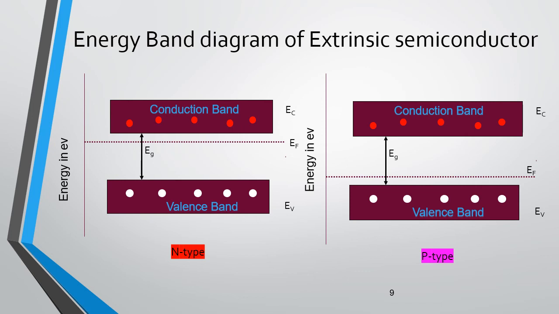So depending on the doping given, it is your N-type semiconductor or P-type semiconductor. In N-type, the doping is of donor impurities. You are adding electrons, more number of electrons, therefore the Fermi level is nearer to the conduction band. And in P-type, acceptor impurities are added, that is holes, therefore the Fermi level is near the valence band.